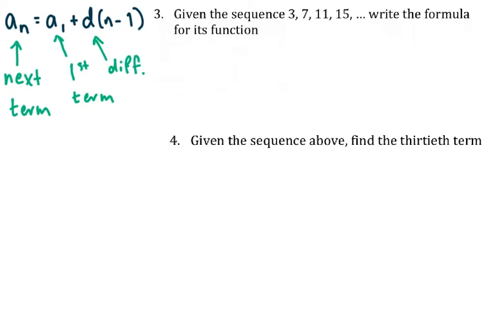So here, the first term is always easy to find, which is the first one. So this says that a sub 1 is 3, and the common difference, we just look between two terms. 7 to 11 is plus 4, and it's always nice to just check, make sure it's plus 4 on the other sets as well, which it is. And that plus 4 is our d. So d is equal to positive 4, a sub 1 is equal to 3.